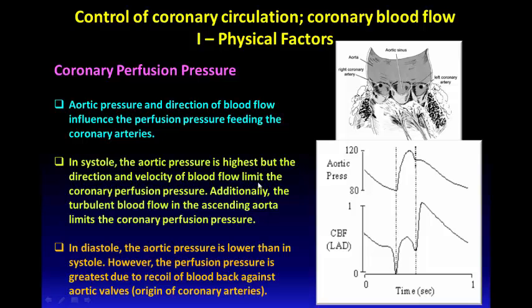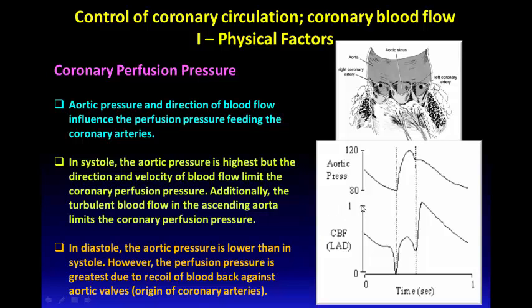On the other hand, in diastole, the aortic pressure is lower than the aortic pressure in systole. However, the coronary perfusion pressure is greatest due to the recoil of the aorta during diastole, hence pushing the blood back against the aortic valve and against the openings of the coronary arteries.